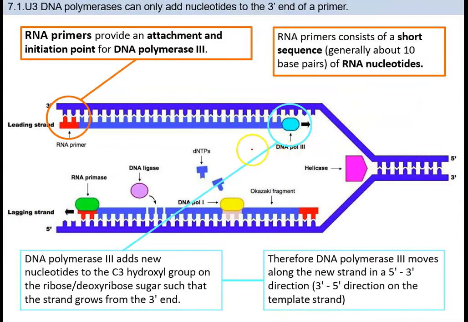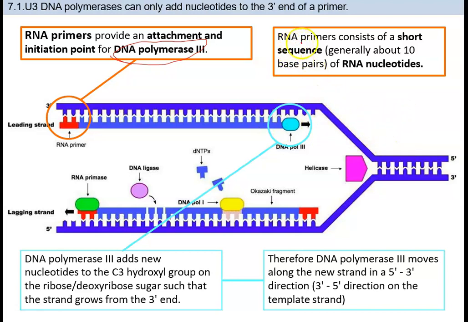Well, I think I have already explained the function of the enzyme. So RNA primers will be added by RNA primase, and it will be a place for attachment of the DNA polymerase 3, the place for recognition.